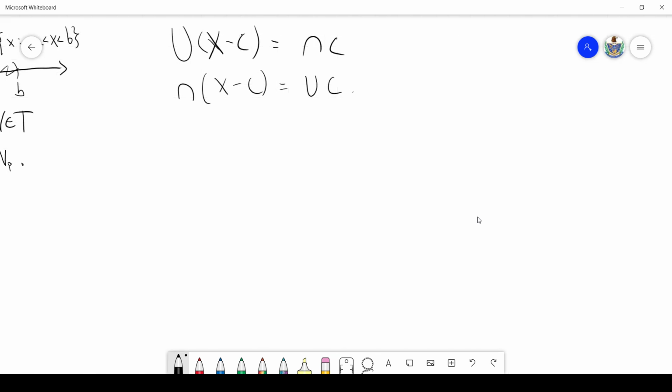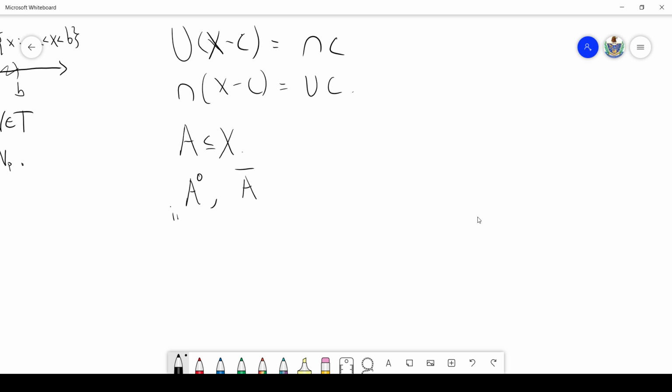Now, if we take any subset of X, it may not necessarily be open or closed. However, we can relate this set to the topology on X via two sets: A interior, which can be denoted like this, or possibly A with int in the superscript, but this is how I've learned it, and the closure.